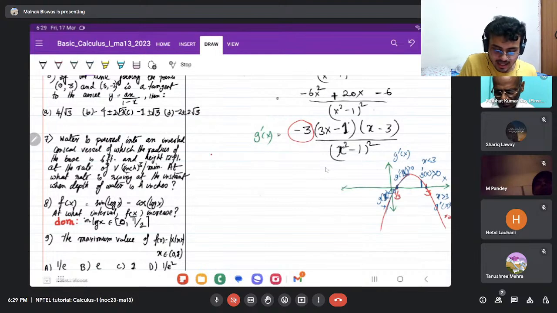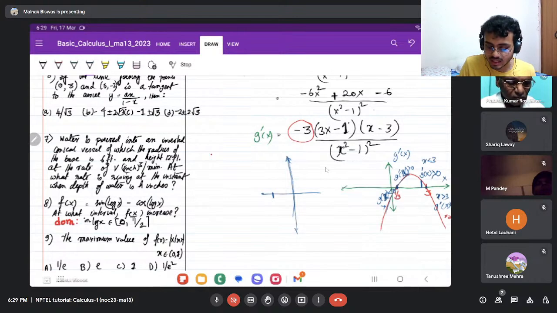At 1 by 3, your g of x function was decreasing till 1 by 3, because whenever you have a negative derivative, your g of x function is decreasing, right? And then it started increasing, right? So what does it mean? So that is a local minima.